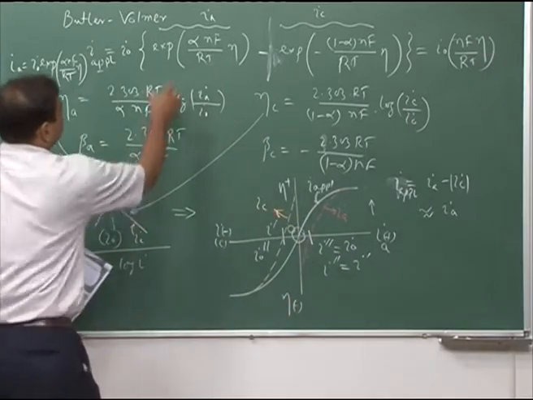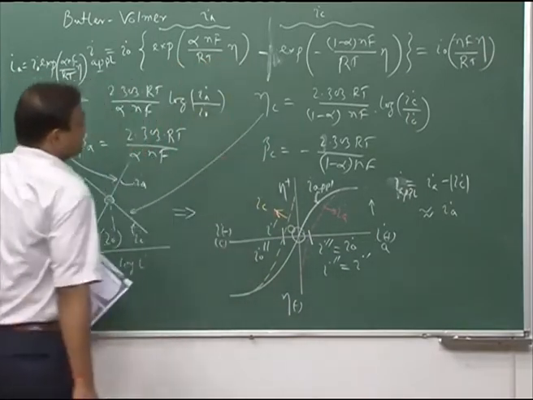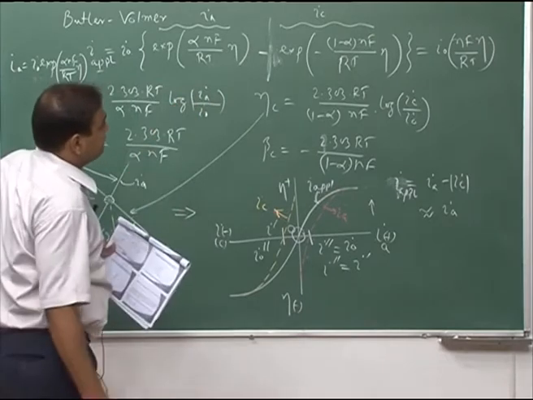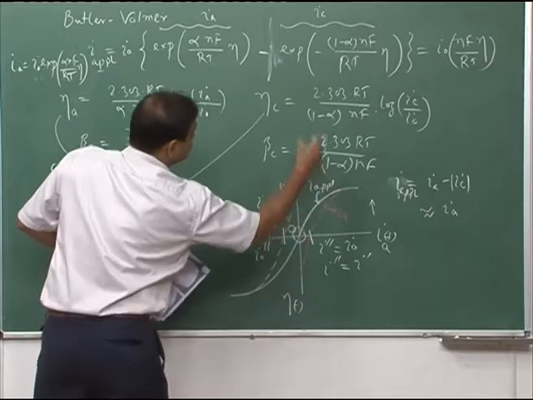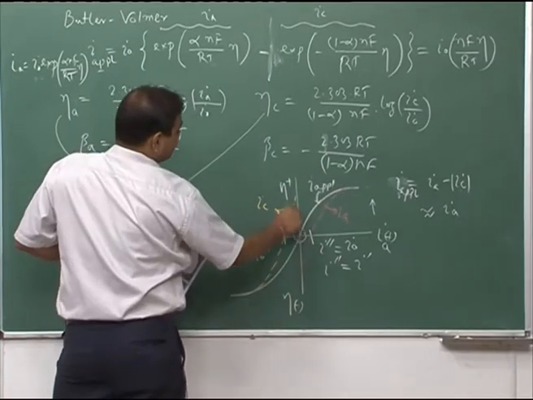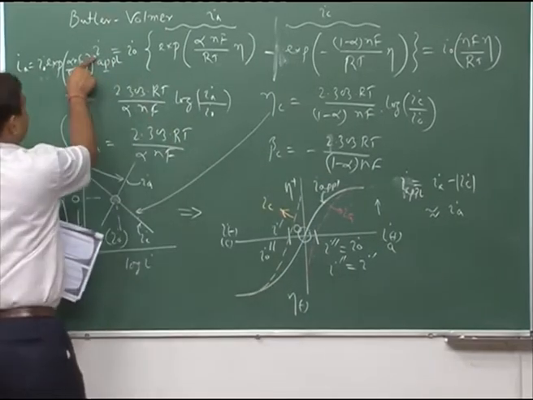So, if we expand these two terms, we get I 0 n f eta by R t, which is linear. That means over voltage is linear to the applied current density.